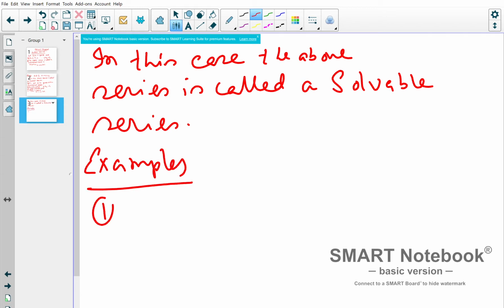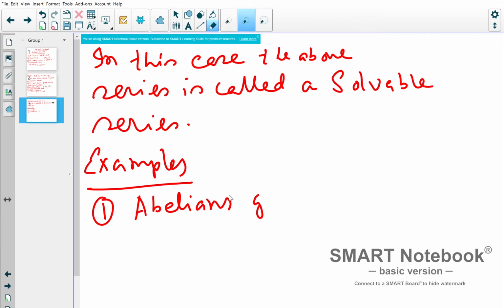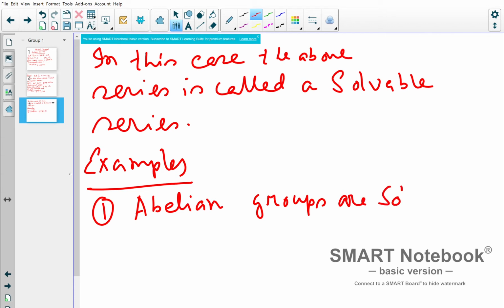Number one, abelian groups are solvable. Why?